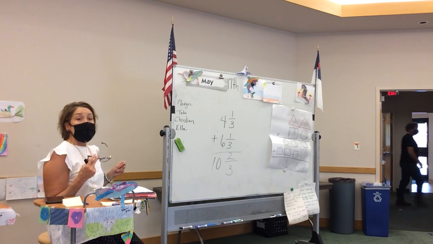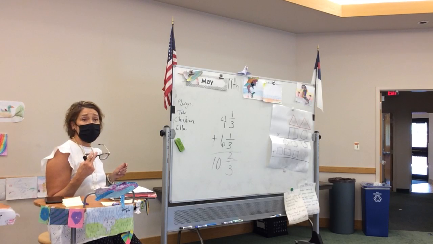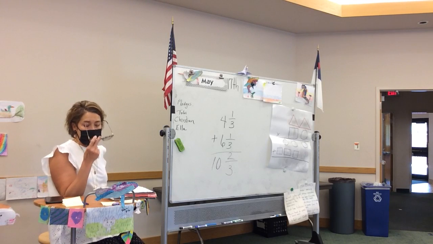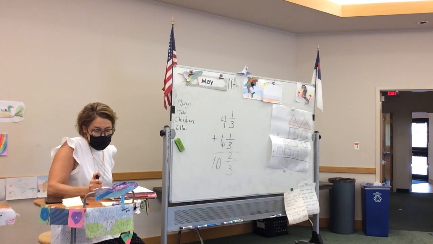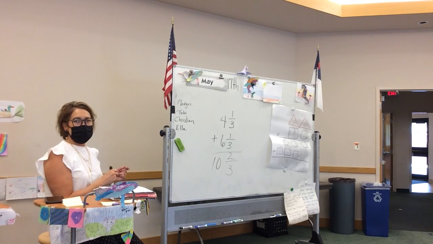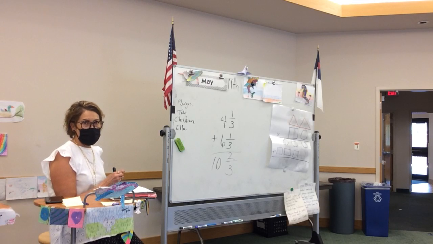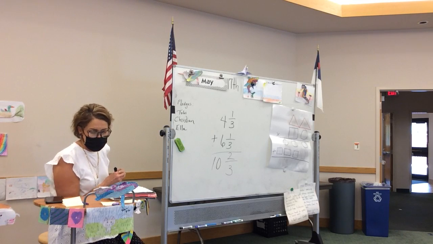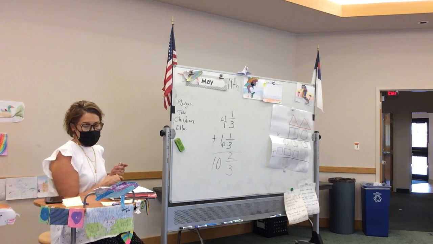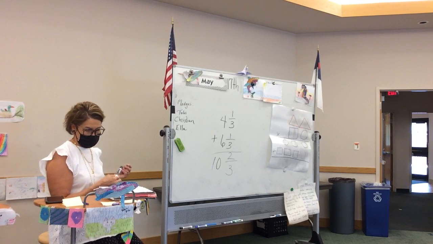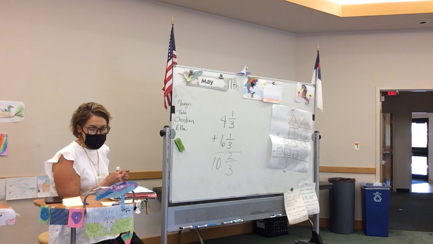Jonathan? 2. Yes. What is the first phase, Jonathan? 18 plus 6. That is correct. And Jonathan, what is 18 plus 6 when you're done? 24. 24 is correct. Okay, so we have the first part done.